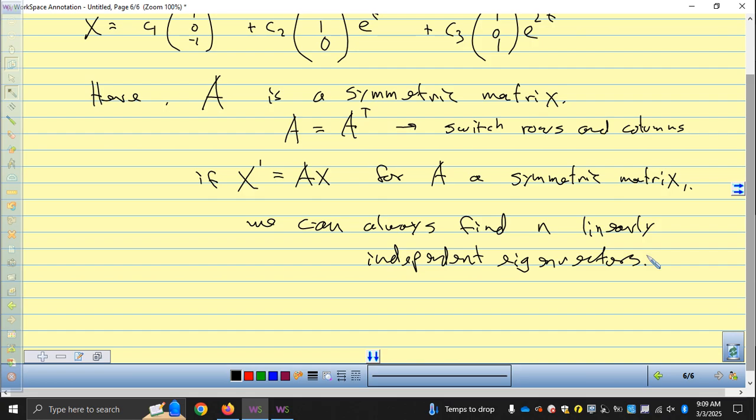And then that lets us find our fundamental set and form our general solution. Now, it is not true that if the matrix is not symmetric, we can find n linearly independent eigenvectors. It is possible to find independent eigenvectors for a non-symmetric matrix, but for a symmetric matrix, we are guaranteed that we can. For a non-symmetric matrix, we're not necessarily guaranteed.